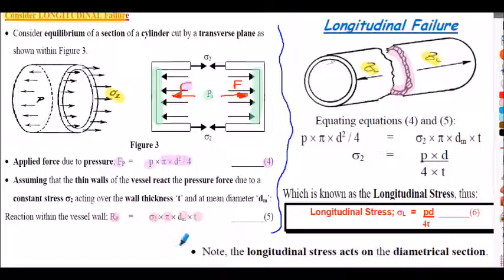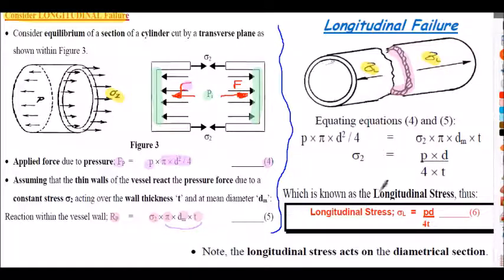That formula only applies if you have a very thin wall compared to diameter, but it's a very valid formula to use. So I can work out the area of my cross-hatch section there for the longitudinal area by pi d mean times t. Multiply that by the stress that's in the wall, I'll get the reacting force from the vessel.